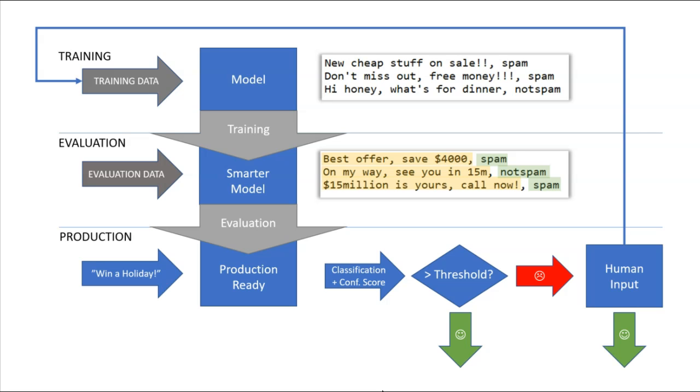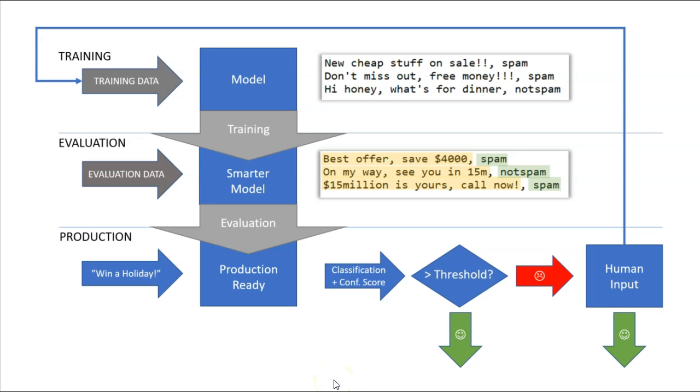We'll move from a version 1.0 that doesn't know anything to maybe a version 1.1, 1.2, and so on. Each time we train the model with more and more data, it becomes smarter and smarter. And that way we will hit above the threshold more often.